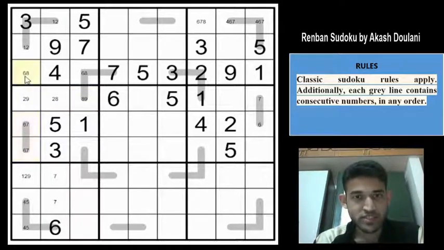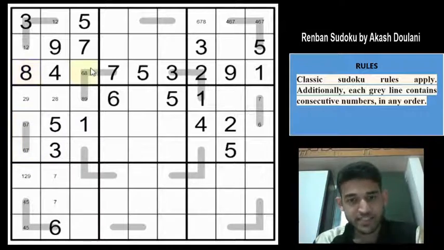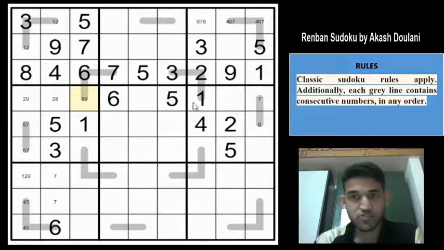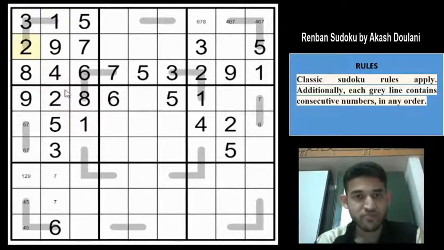So this is 6 or 7, so this must be an 8 and this must be 6, 7. So which means that this cannot be a 9 now, so this is an 8, this is a 2, this is a 9. The 2 gives a 1 here and this will be a 2 now. And this 2 and 9 gives us a 1 here, beautiful.